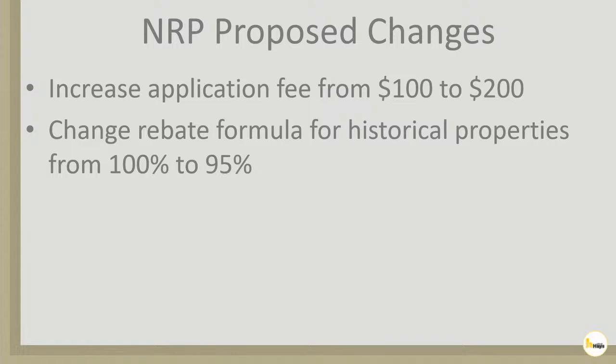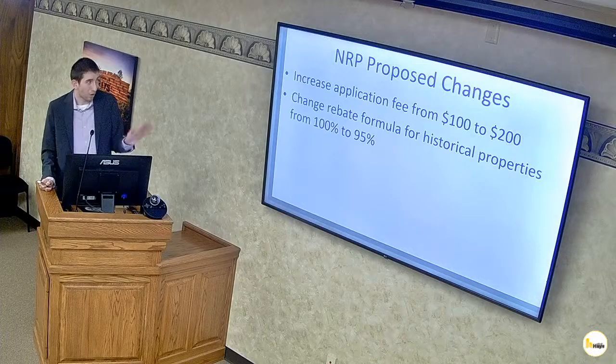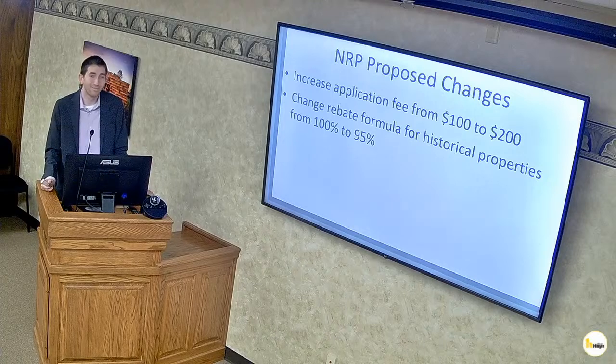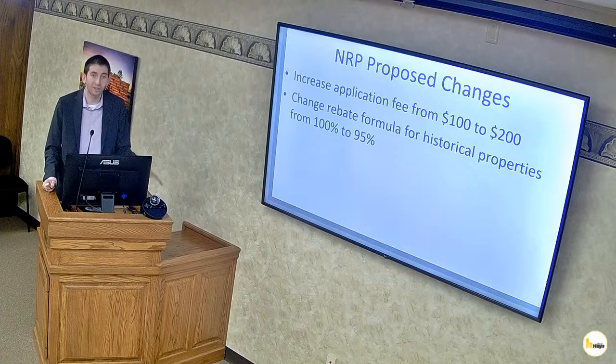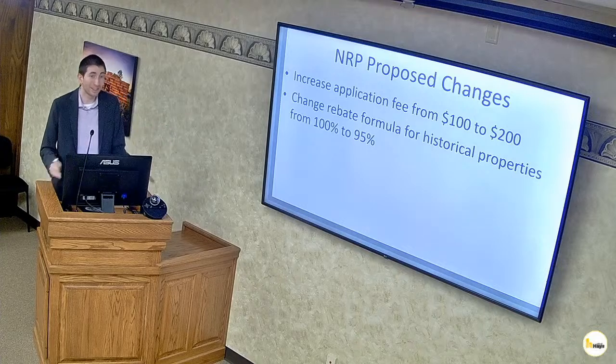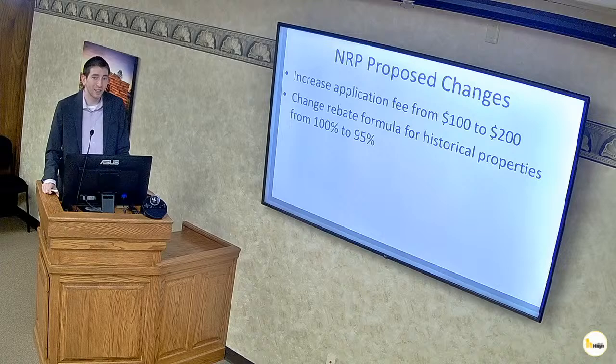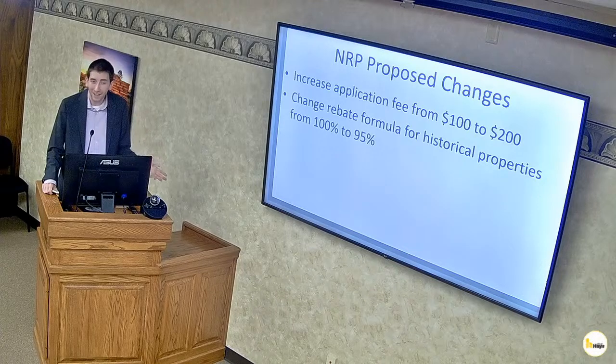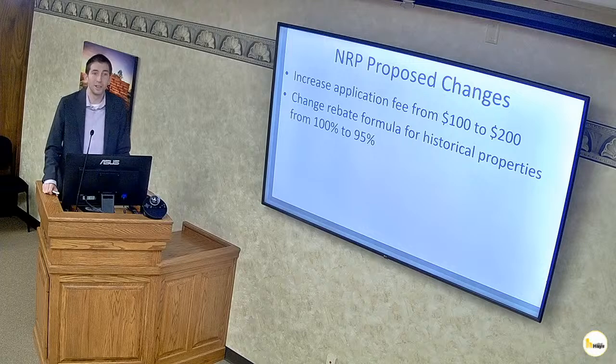I don't have any idea why it was set the way it was, other than probably just an idea that historic properties tend to have more regulations surrounding them, whether it's from the state or national level, in terms of what can be done to those properties. Right. So I imagine the idea was that putting the rebate formula at 100% was giving it a little bit of added extra incentive to help people who own those sorts of properties to work on those.